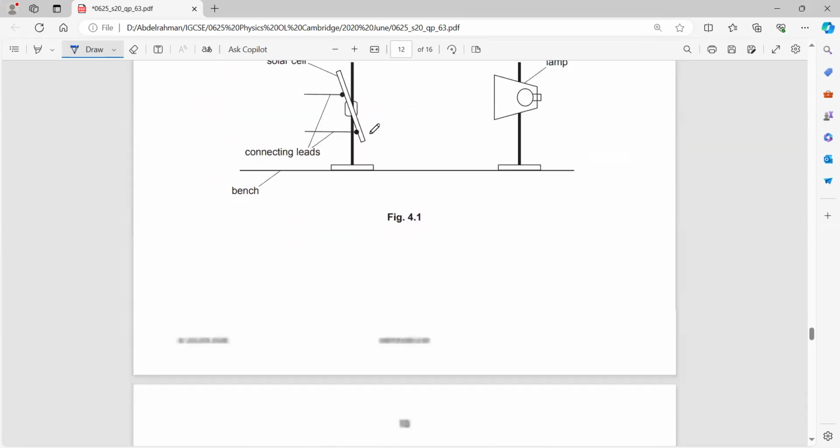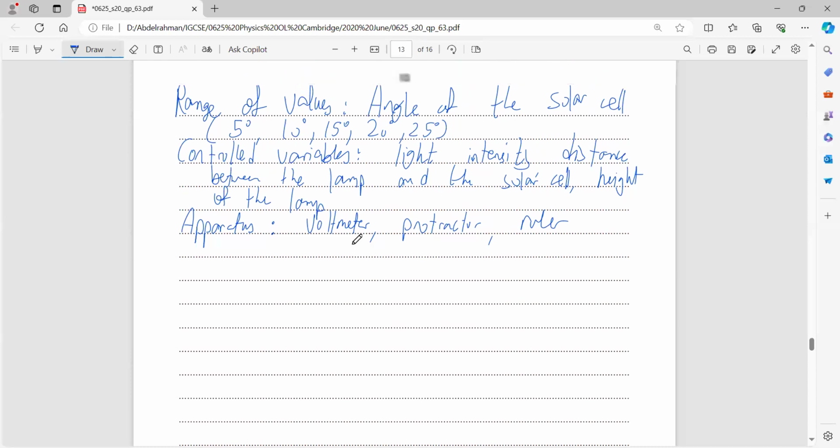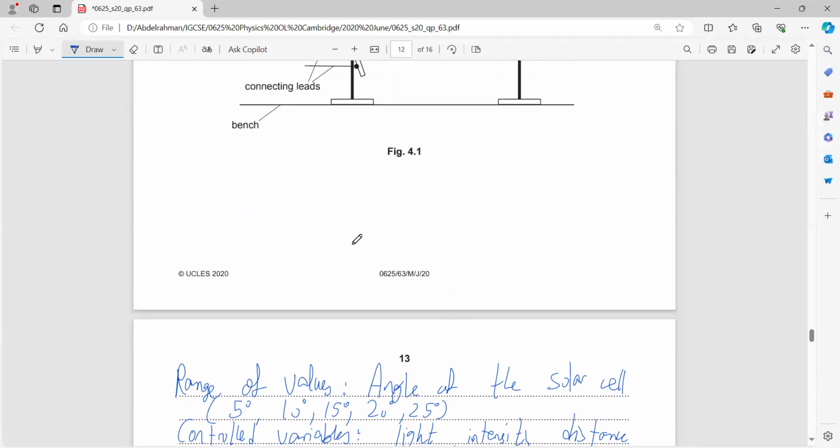What are some apparatuses that I will be using? Voltmeter and protractor. Voltmeter, protractor, correct. To measure the distance we need the meter ruler as well. Excellent. An ammeter, if we write it down it's not wrong, but we don't need it.